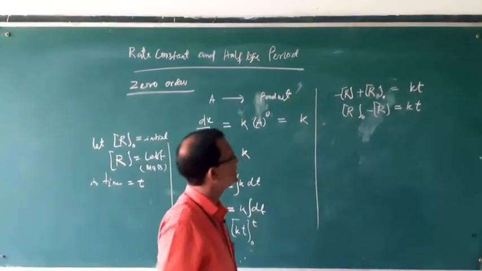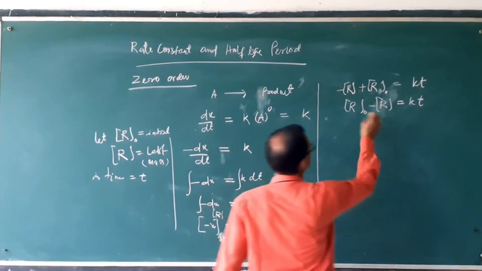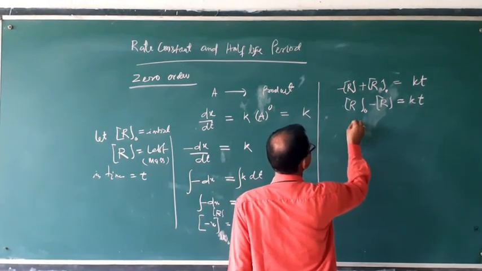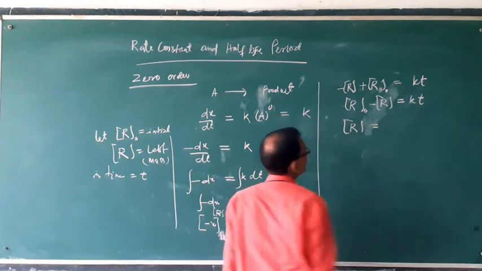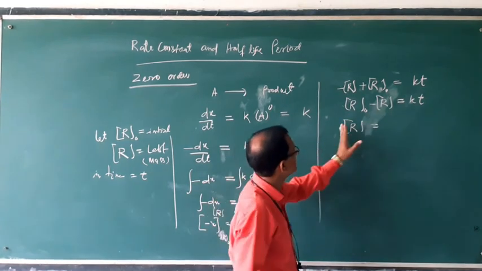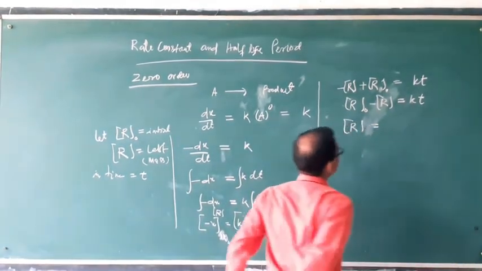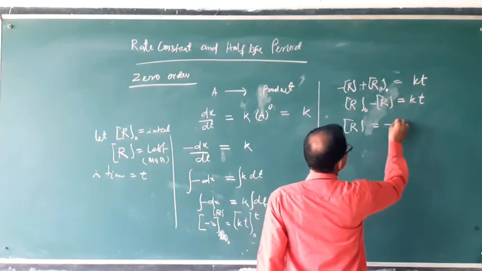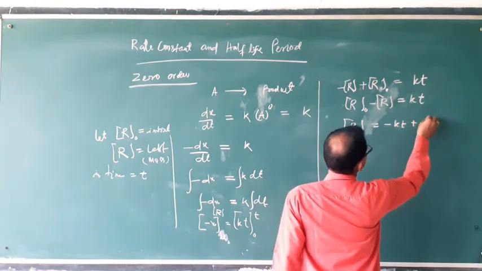And if you write this equation for R, R is equal to minus kt plus R0.